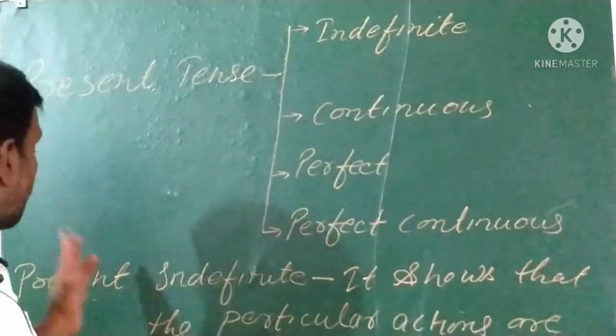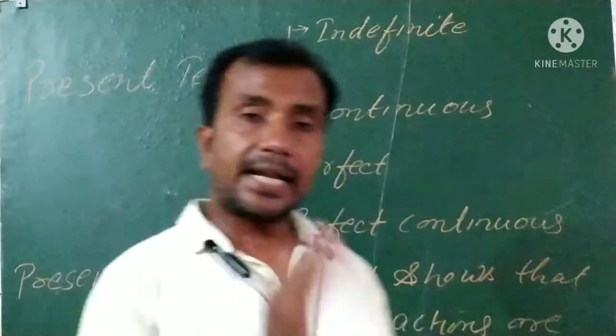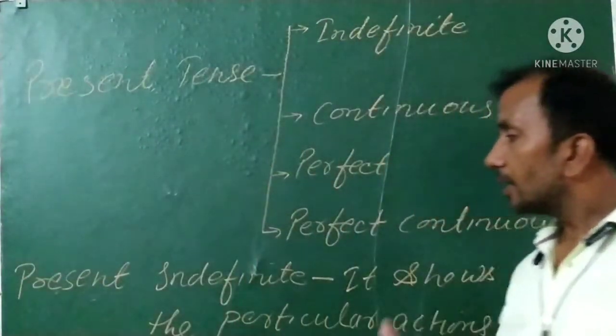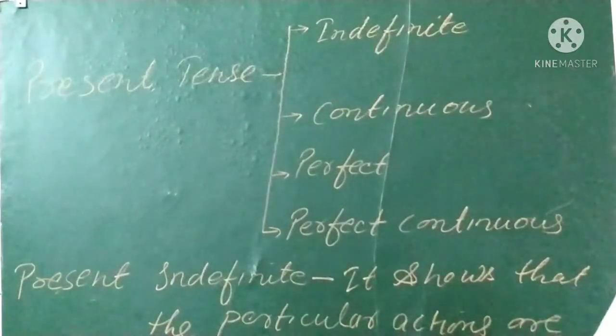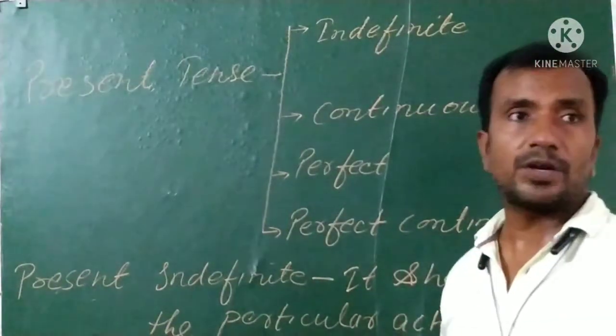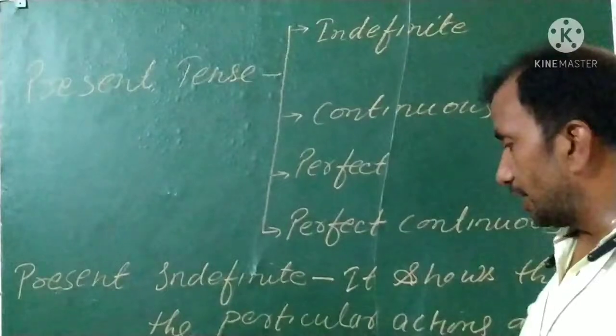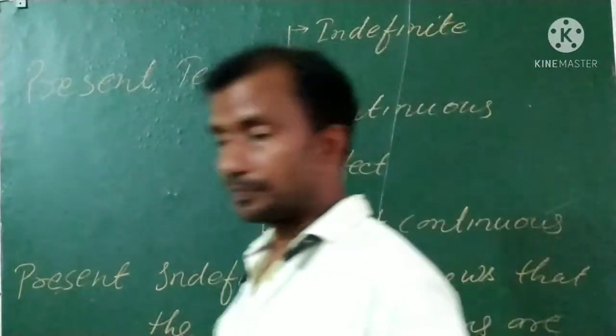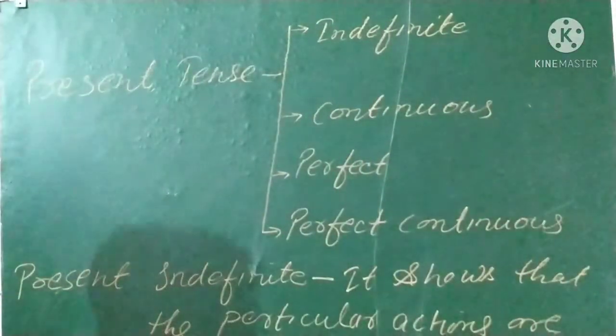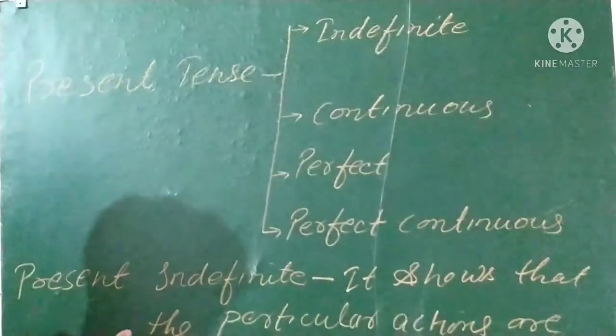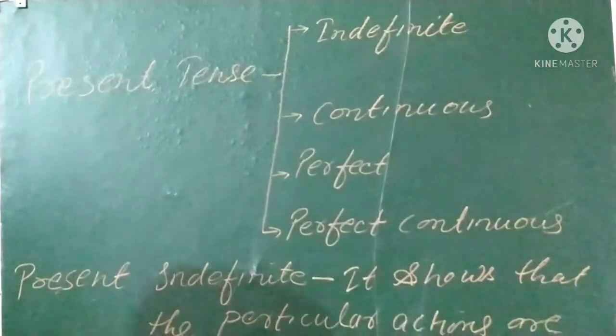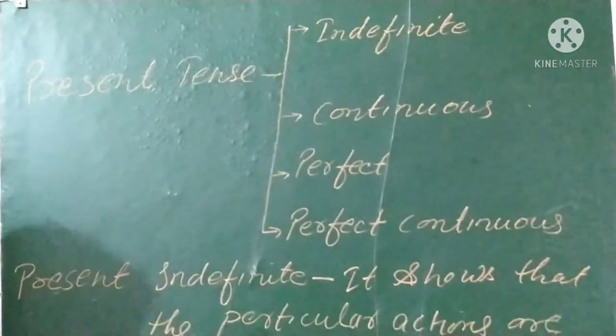Okay, what is present indefinite? Present indefinite ये बताता है कि जो वर्क हुआ है, जो एक्शंस हुए हैं, ये एक्शन कब हुए हैं? प्रेजेंट इंडेफिनिट में हुए हैं. Okay, now I am going to describe the 4 kinds of present indefinite. Just take this screenshot.